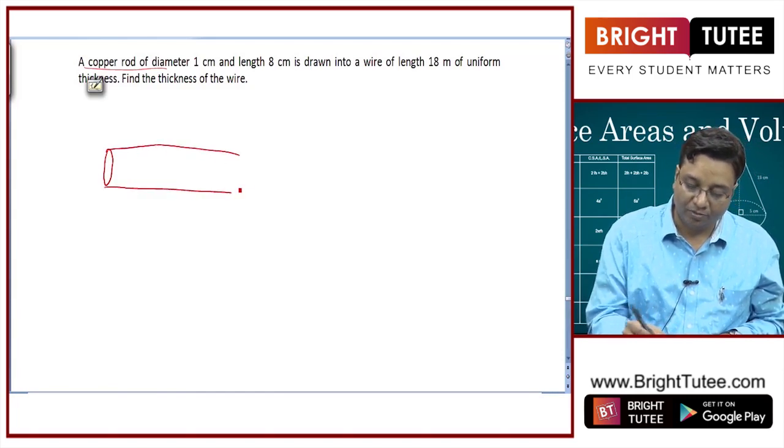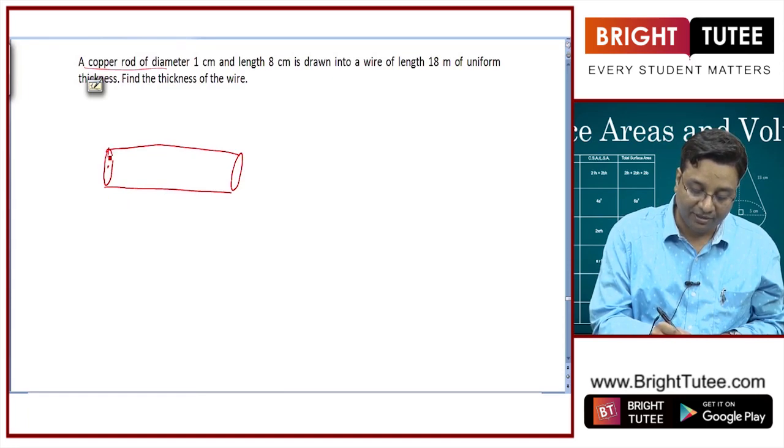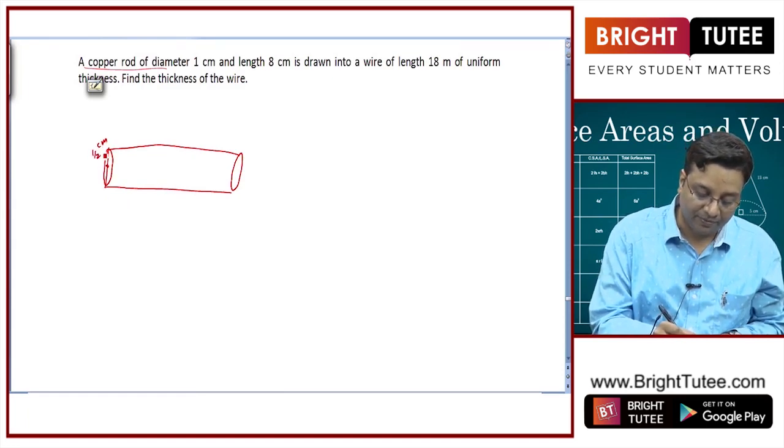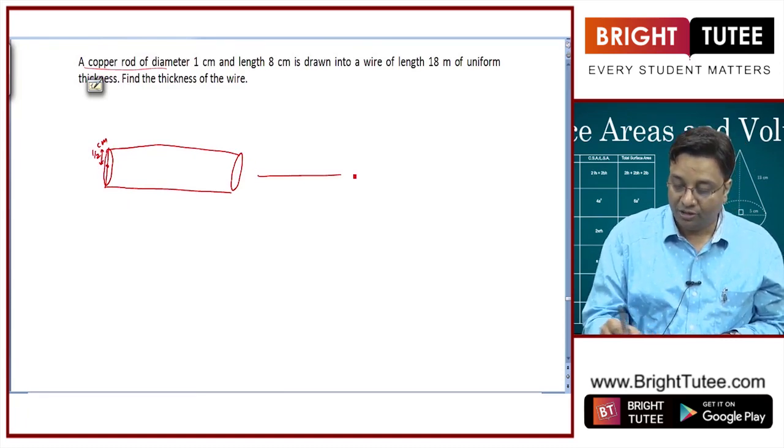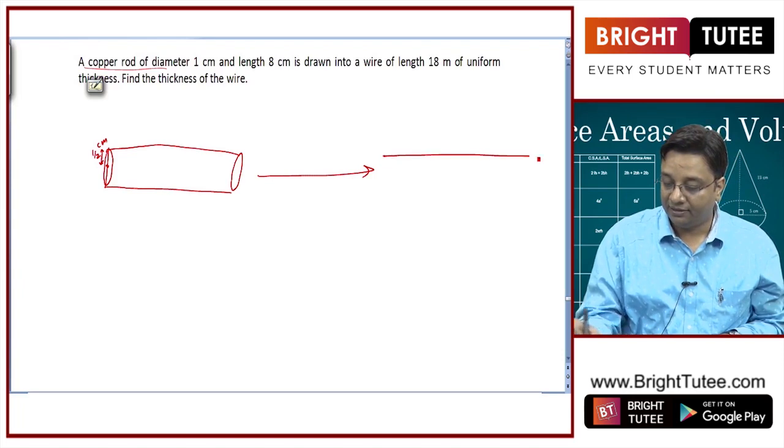Let us say this is the copper rod where the diameter is 1 centimeter, so the radius here is 1 by 2 centimeter, okay, and it is drawn into wire of length 18 meter.